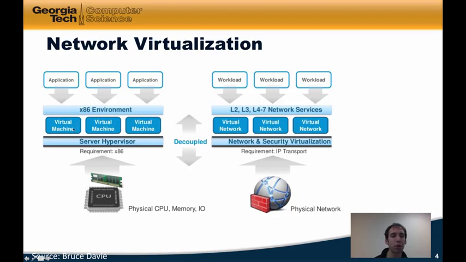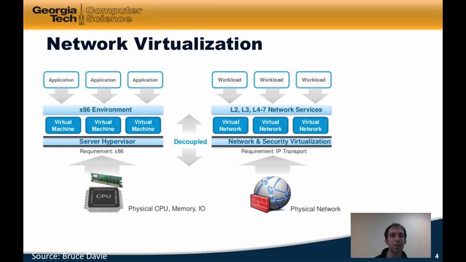Each of these virtual machines essentially gets the appearance of running on a dedicated platform when in fact the hypervisor sitting below the virtual machines is responsible for ensuring isolation and resource control.